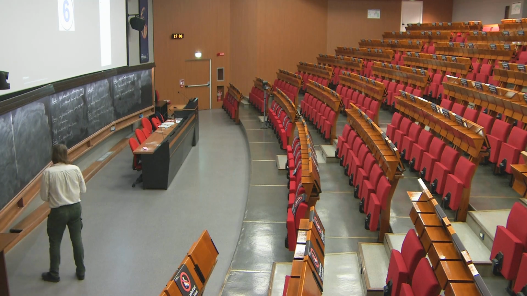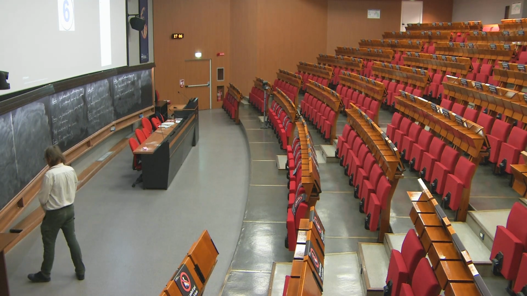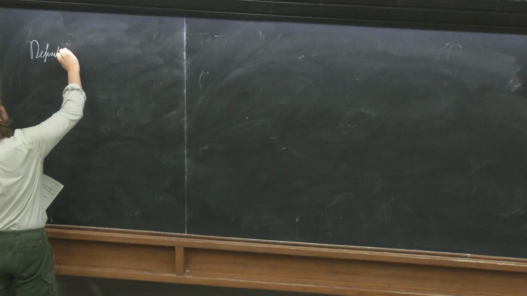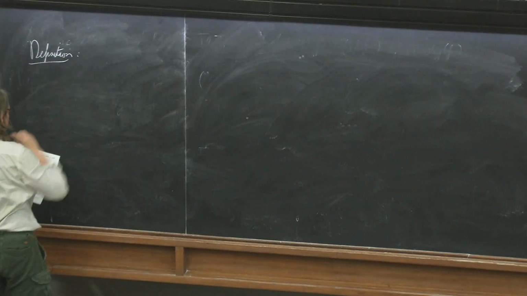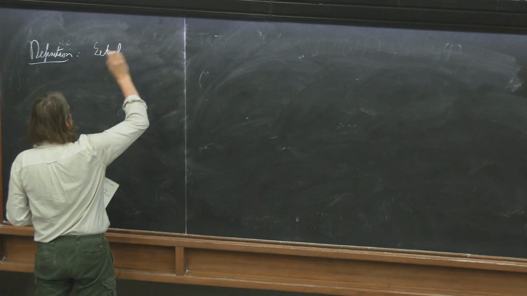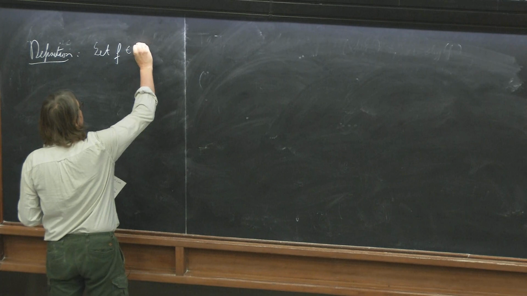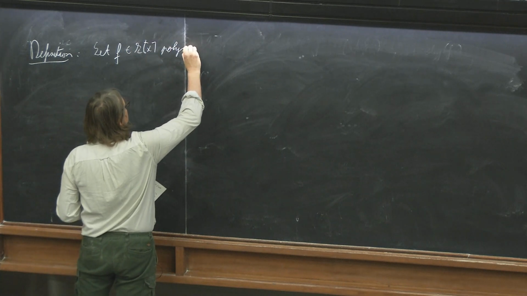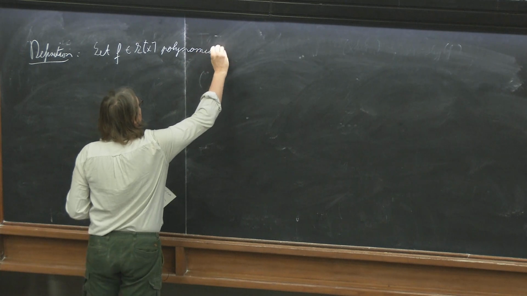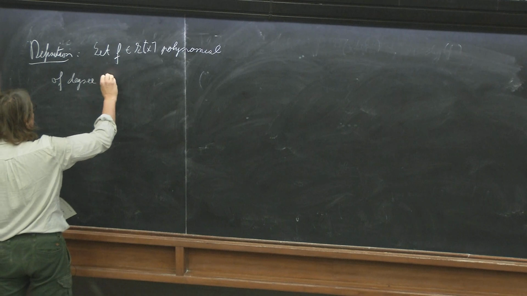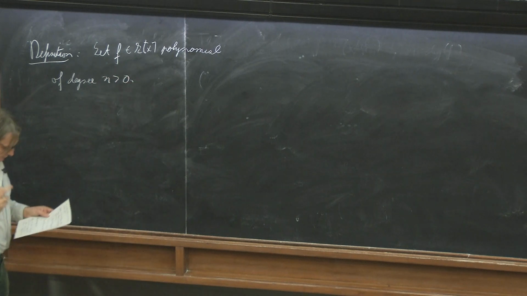Now we define the splitting field, and it's then clear how we get it. So, definition. Let f in K[x] be a polynomial of positive degree.